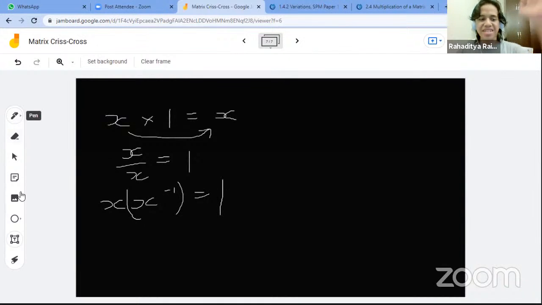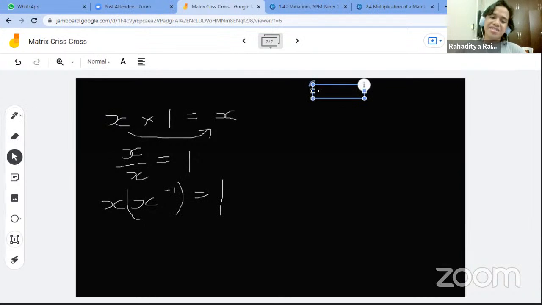Now, what exactly am I getting at? Whenever you have a matrix, in most cases, not all cases, some matrices do not have an inverse matrix. I will demonstrate an example of a matrix that does not have an inverse later.